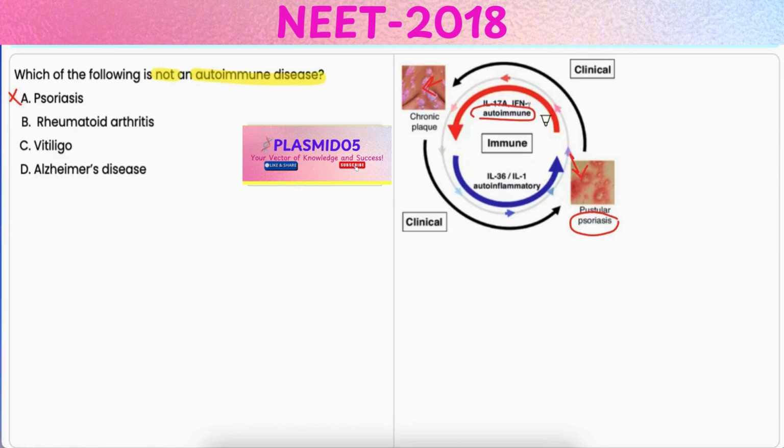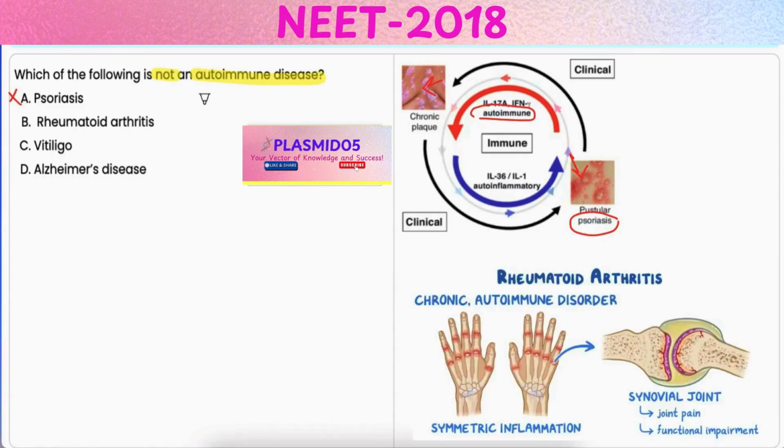Option B, rheumatoid arthritis. It is also incorrect because rheumatoid arthritis is also an autoimmune disorder in which the immune system attacks the joints, causing inflammation, pain, and eventually the joint may get totally damaged.